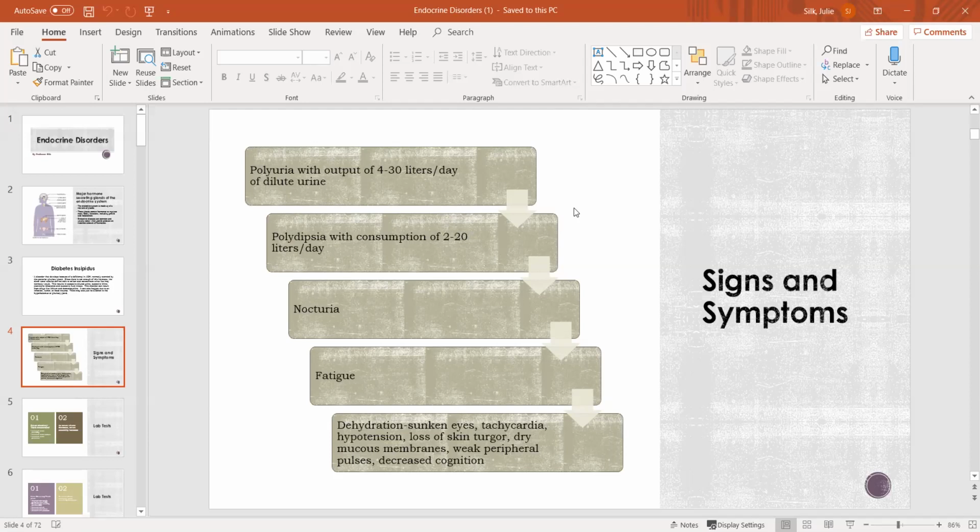They have sunken in eyes, right? So that's kind of what this person would be like. So your big thing to remember with these signs and symptoms is that even though you're not producing enough ADH, you're putting out a ton of urine, so much that you're dehydrating yourself. So just think of those symptoms of dehydration, and that's what you're going to have with this.